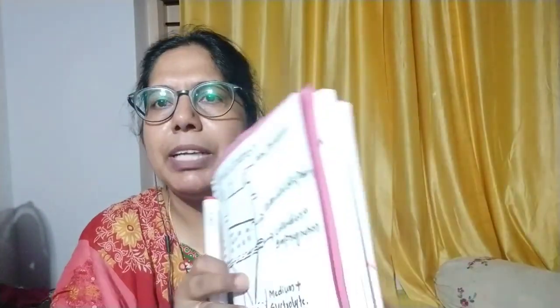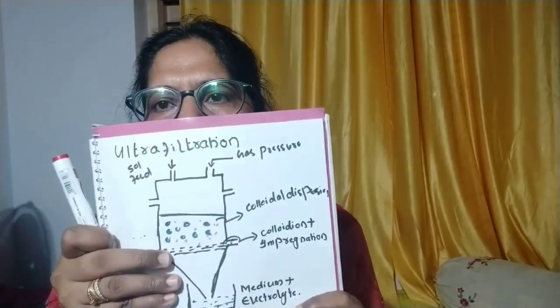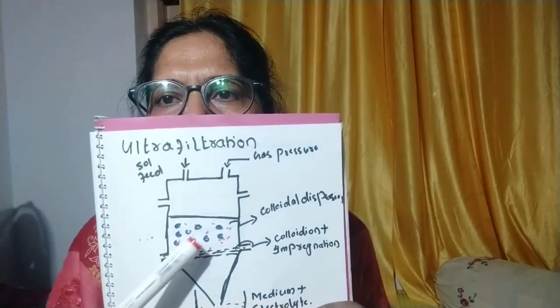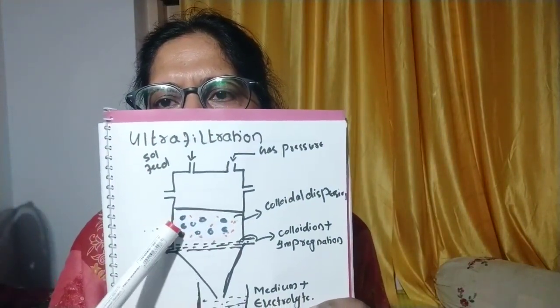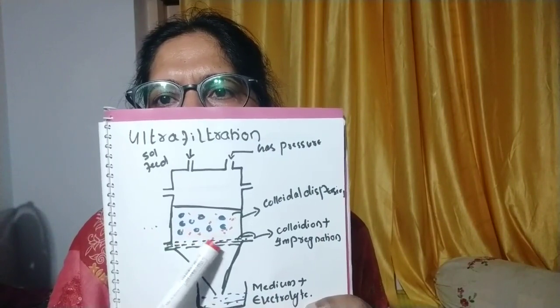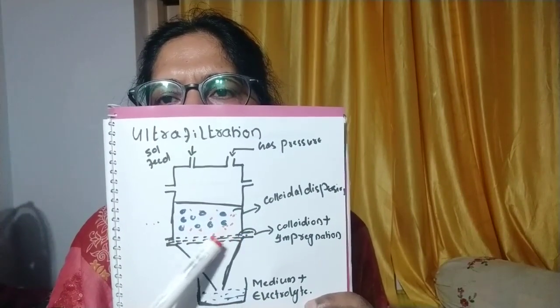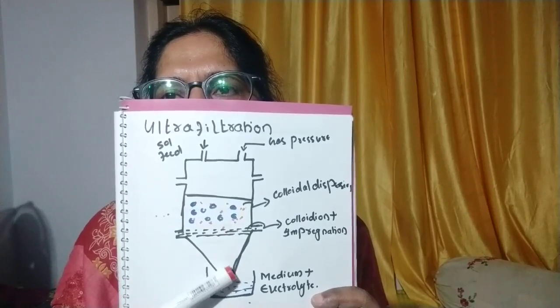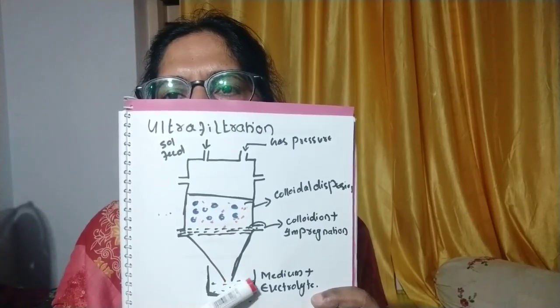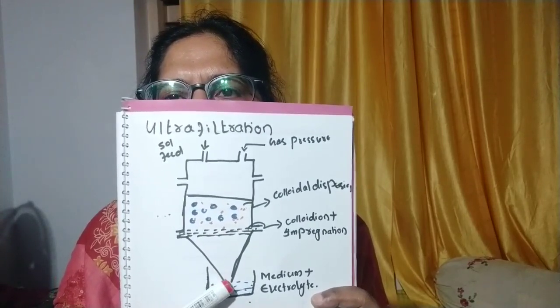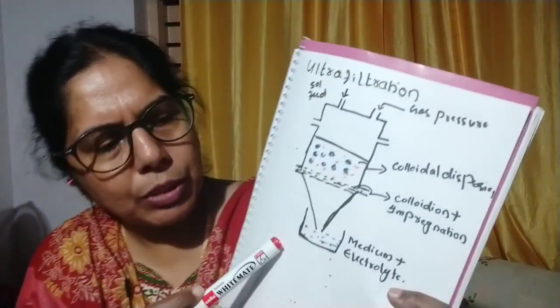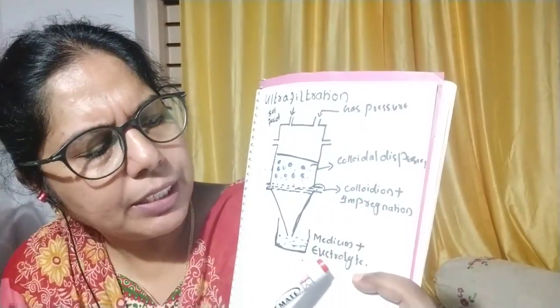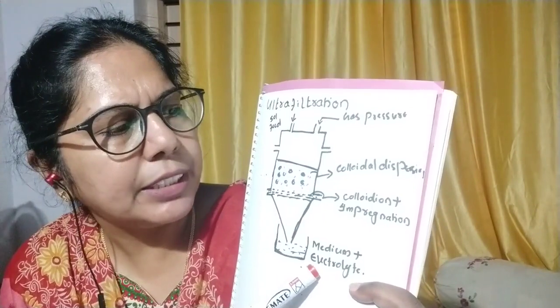So how will the setup be? The setup will be like this. This is the ultrafiltration setup. You can see here I have added the colloidal solution. This is the ultrafilter paper. All the solutions which contain ions, molecules or glucose will come out here, so you can see I have written dispersion medium plus electrolytes.